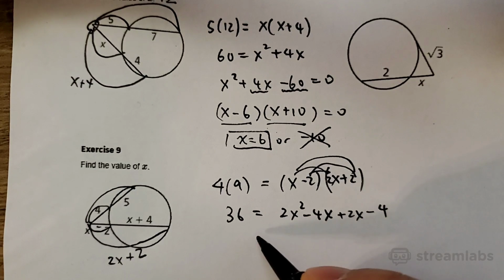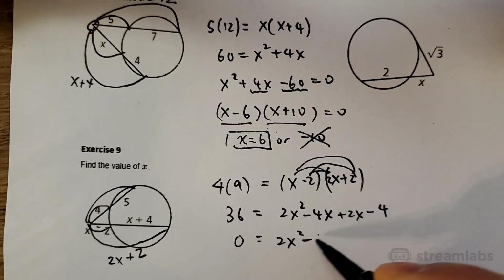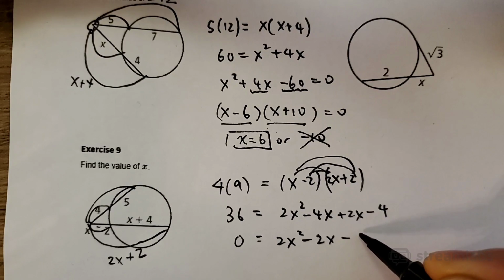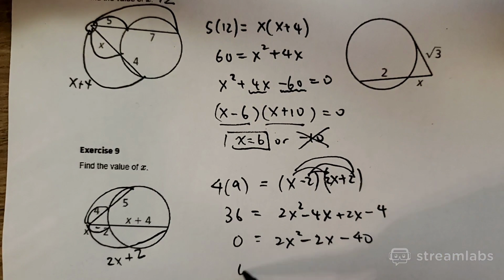All right. So organize it. 2x squared minus 4. So minus 2x minus 4, so minus 40. Okay, because I'm going to move this over. Divided by 2. Positive x minus 20. Negative x, sorry.